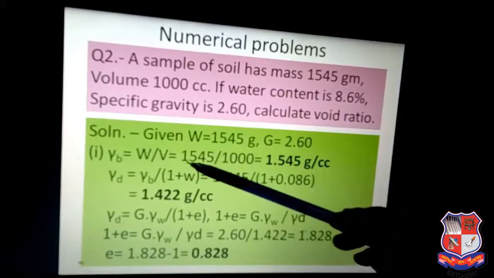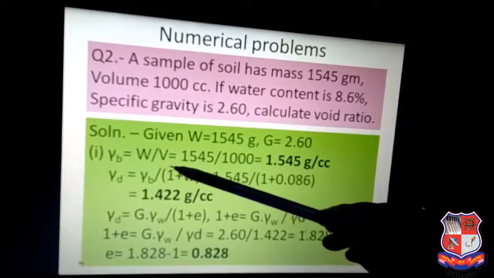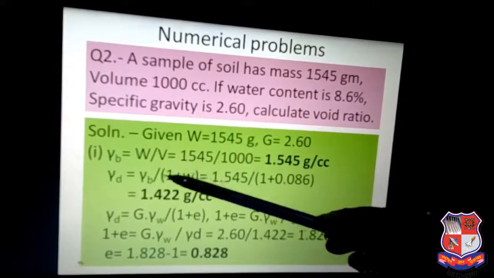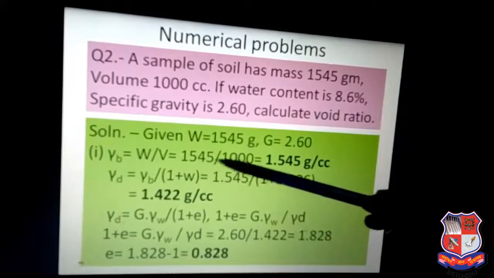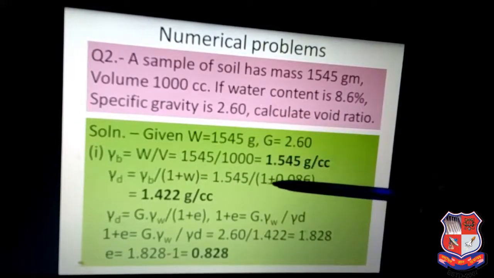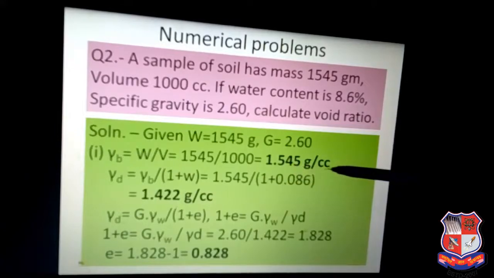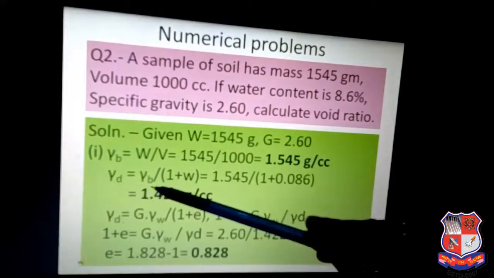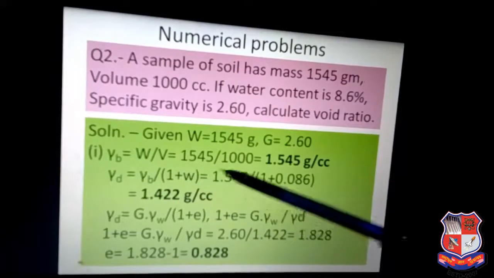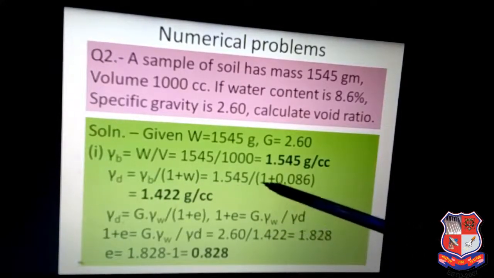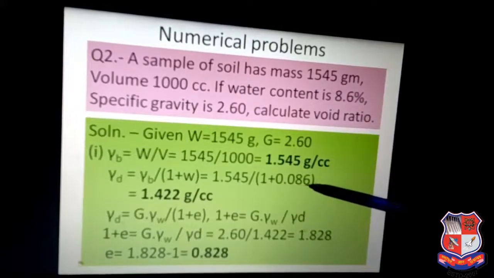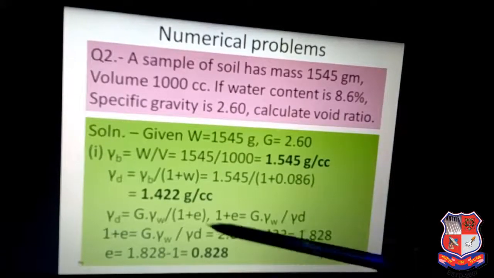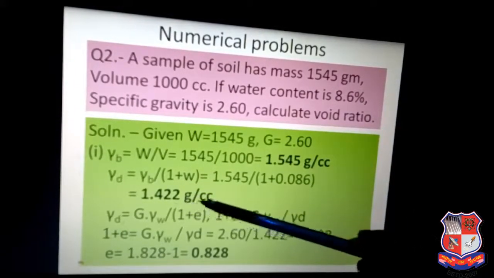So we can calculate the bulk density, total weight divided by total volume. So 1545 by 1000 gives 1.545 gram per cc, and gamma D, dry density, equal to gamma bulk divided by 1 plus water content. So 1.545 divided by 1 plus 0.086, and this comes to 1.422 gram per cc.